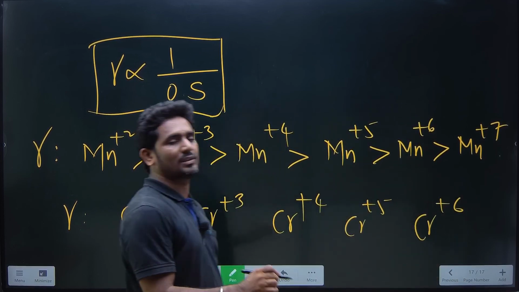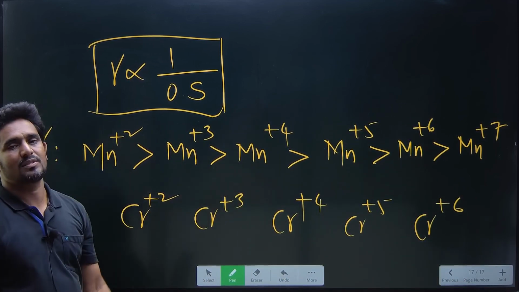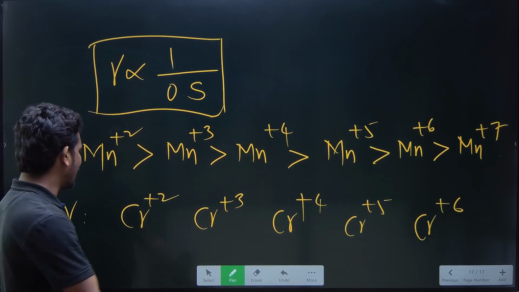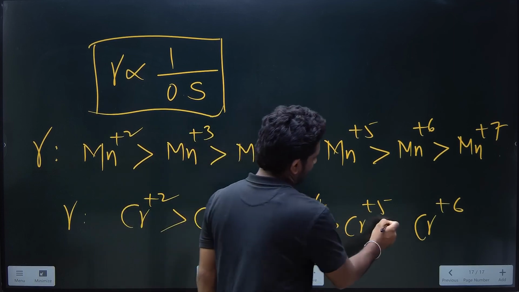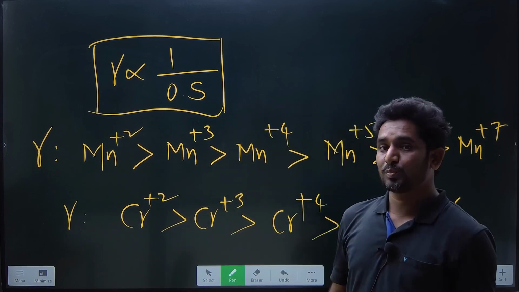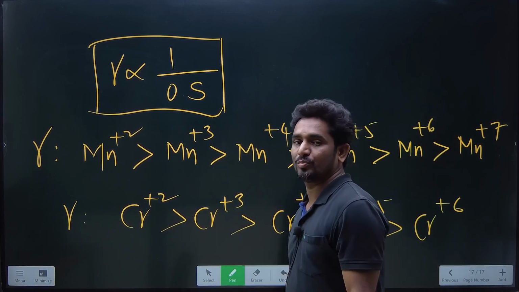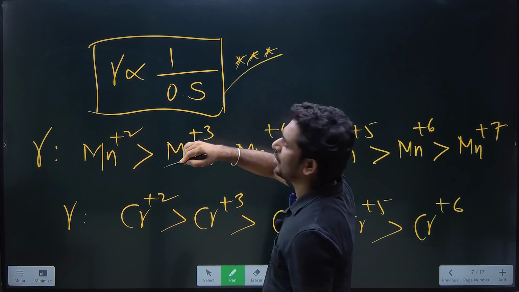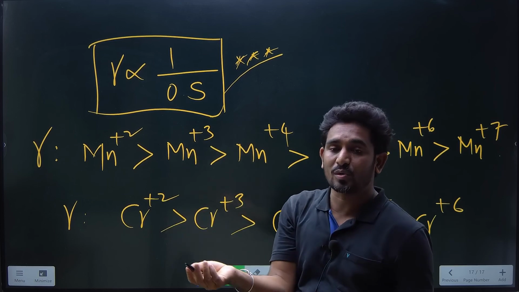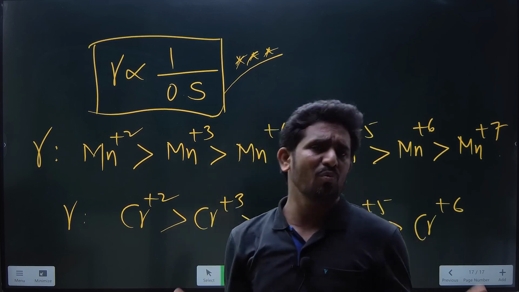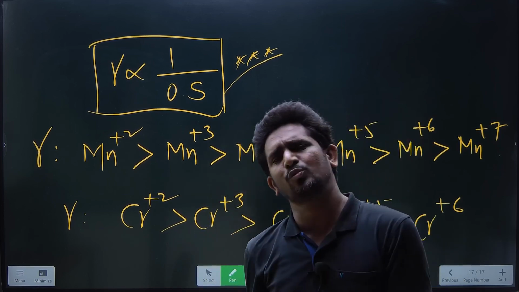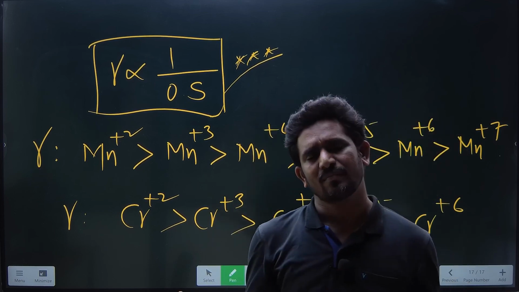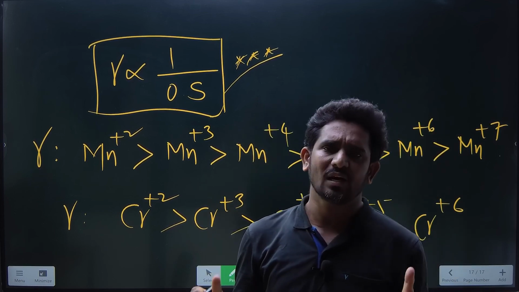Among them, which has the least radii? +6. More the oxidation state, less the radius. Simple. Radii is more for chromium+2. Simple, ये ध्यान में रखो. More the oxidation state, more the effective nuclear charge. More the effective nuclear charge, less the radius. Okay, right? Understand? Right.